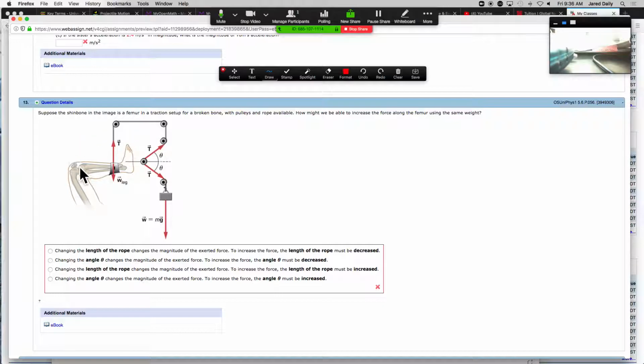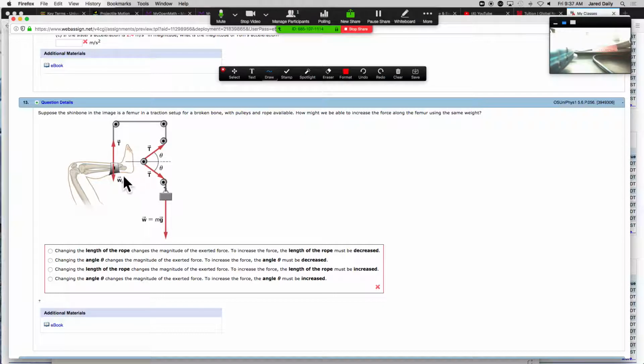So if you want to make this tension increase, what do you need to change here? Well, does the length of the rope change anything? Does changing the length of the rope change the tension in the rope, or the force here? No. If the length of the rope doesn't change it, then it's either the angle or the tension. And they already said the tension's not going to change, so it has to be the angle.